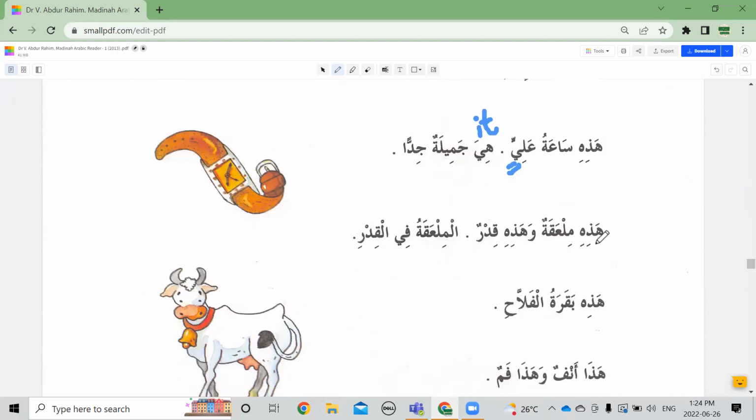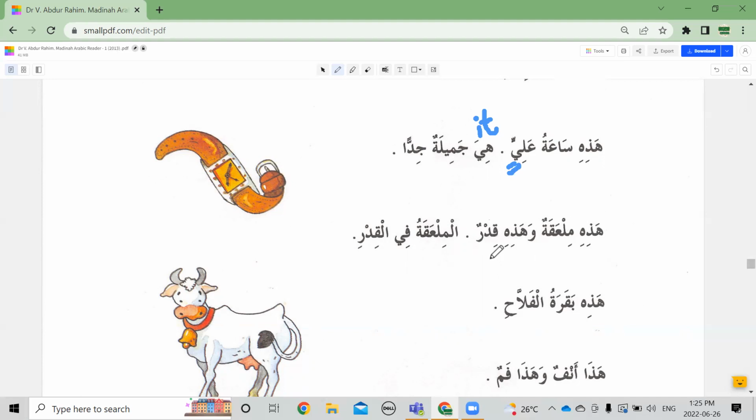Hazihi milakatun wa hazihi qidrun. Al-milakatu fi qidri. This is milakatun, a spoon, and qidrun, I think, is a bowl.